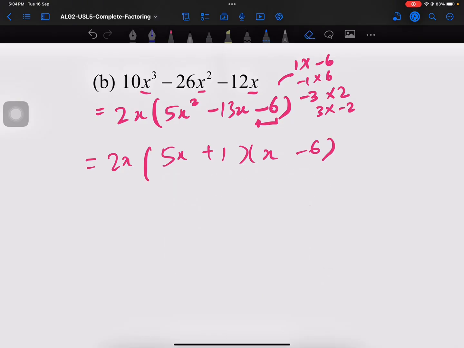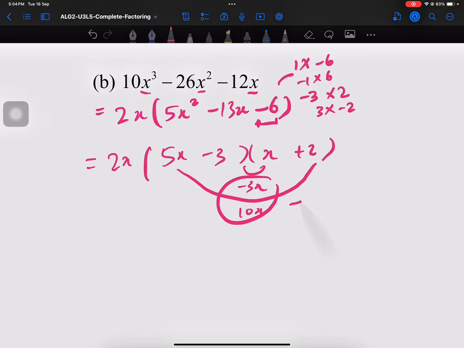We try with negative 3 here and plus 2 here. Negative 3x, 10x.